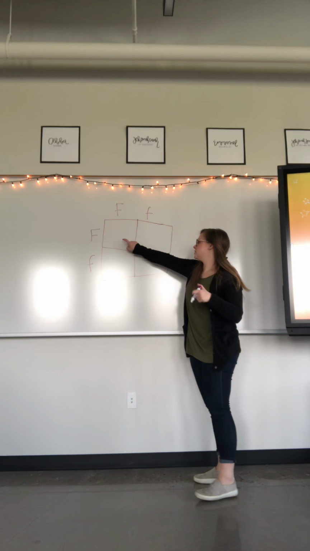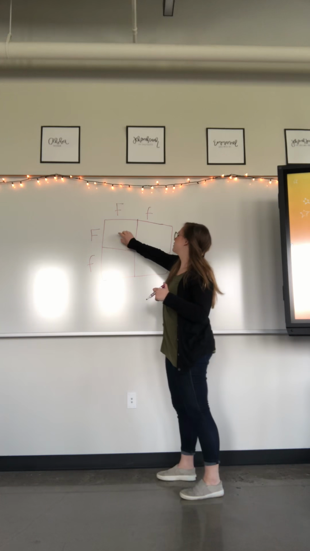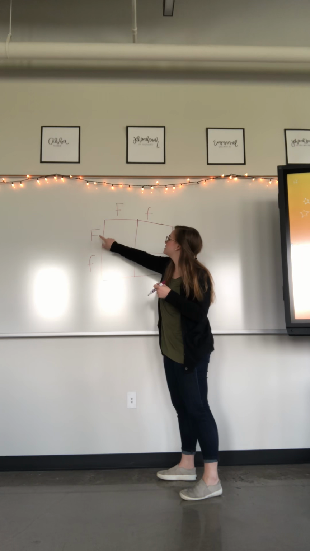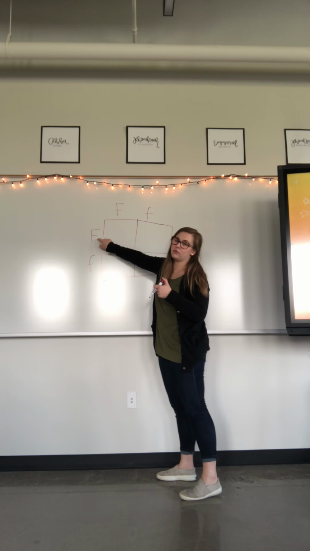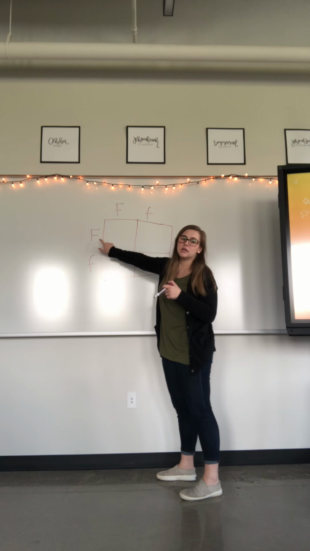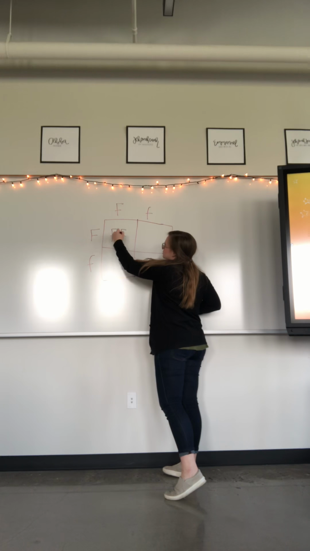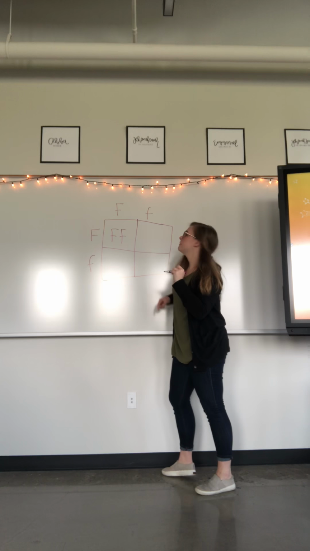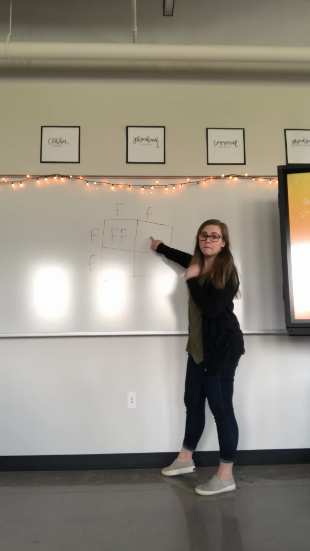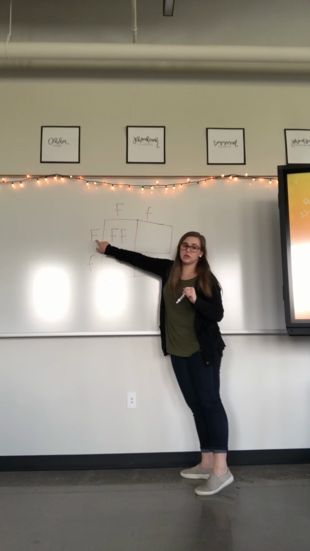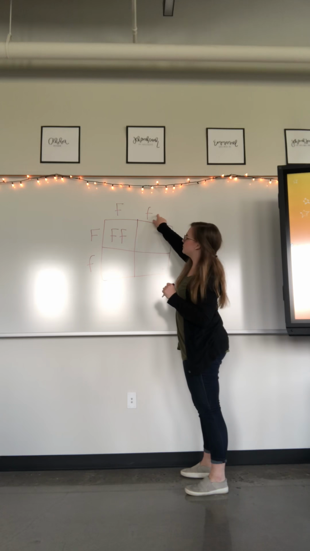So you're going to go to the top left box first, and you're going to say, okay, my left one up here is a dominant, and then here, my top one is a dominant. So for this one, I'm going to get capital, so I'm going to have homozygous dominant. Then for my upper right box, I'm going to have a capital dominant from over here and a recessive from up here.